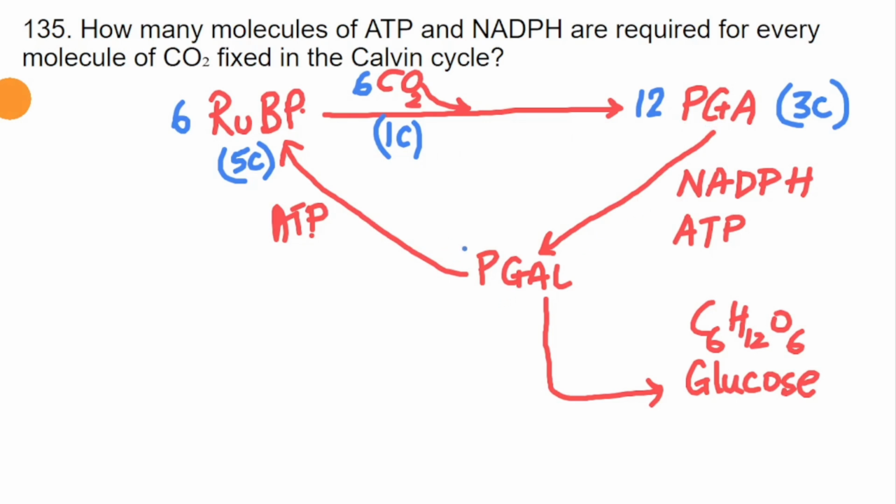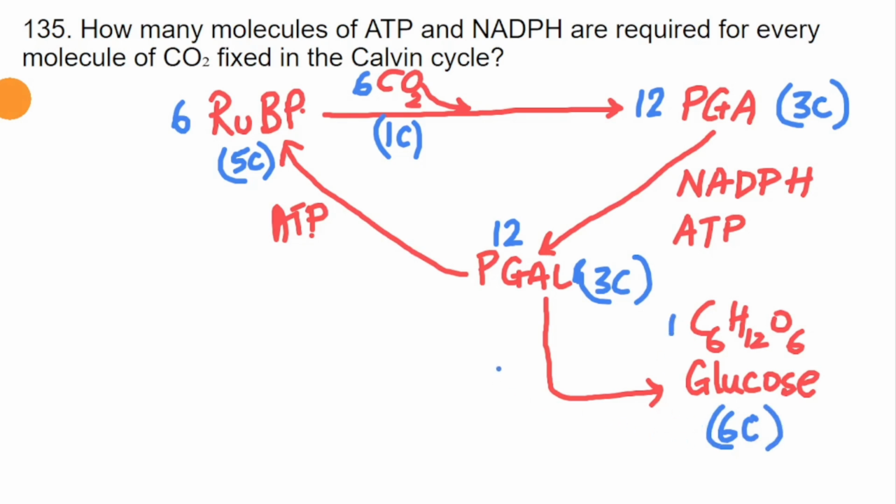Over here, this gets converted into 12 PGAL. PGAL is again 3 carbon compound. Now, what is produced is glucose. This is 6 carbon compound. But only one molecule is produced. Okay.